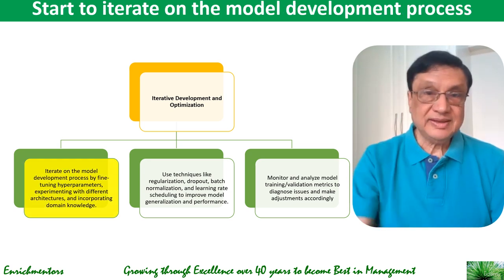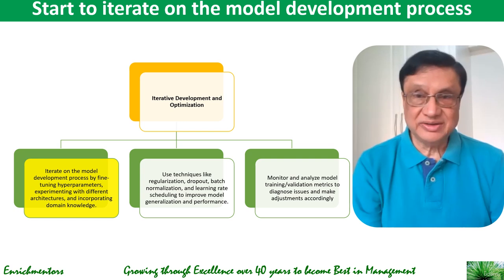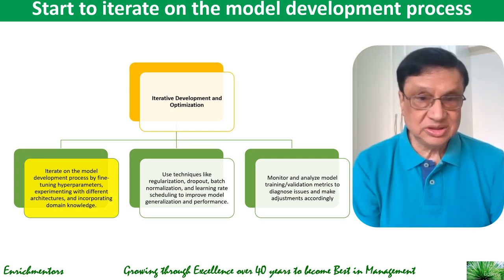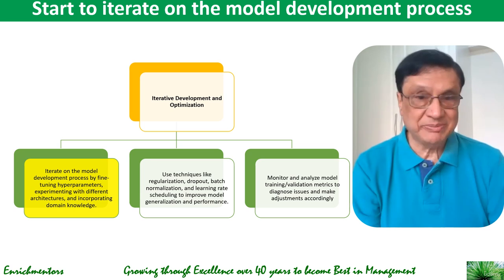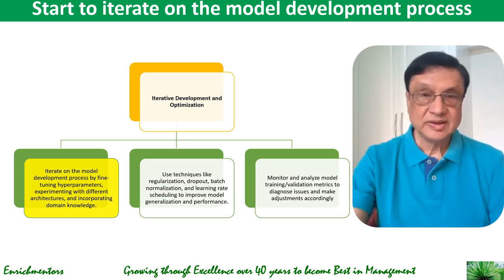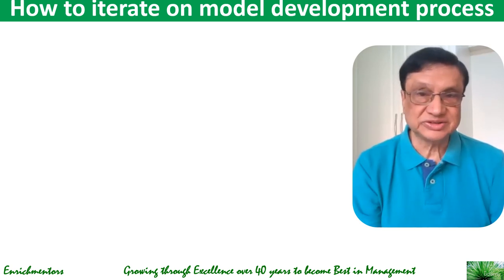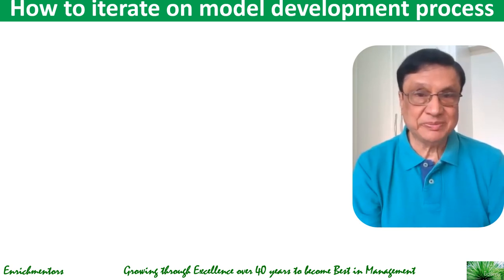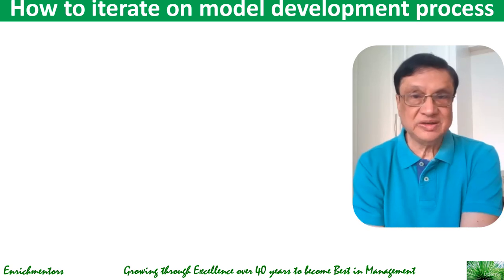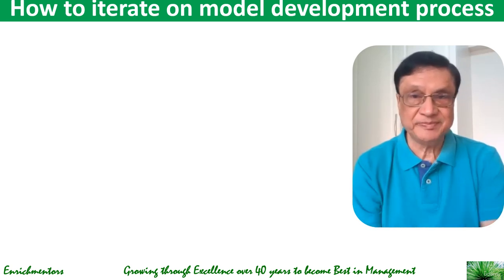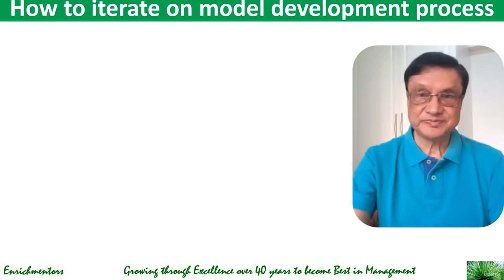So let us start to iterate on the model development process by fine tuning the hyperparameters. So, how to iterate on the model development process by fine-tuning hyperparameters, experimenting with different architectures, and incorporating domain knowledge?